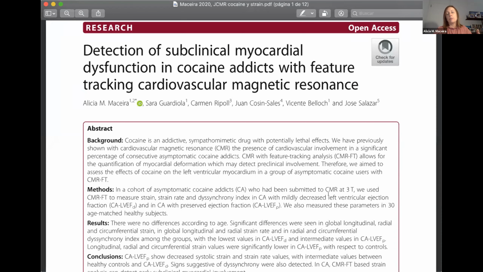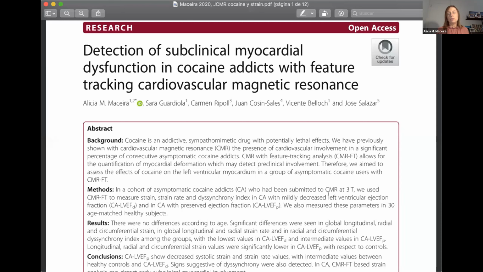We studied them with the conventional CMR analysis we could do in 2014, which was ventricular volumes, mass and ejection fraction, both left and right ventricles, and late gadolinium. We observed a roughly 71% prevalence of cardiac involvement in asymptomatic cocaine addicts, mainly left ventricular hypertrophy and mild systolic dysfunction. That was what we found.